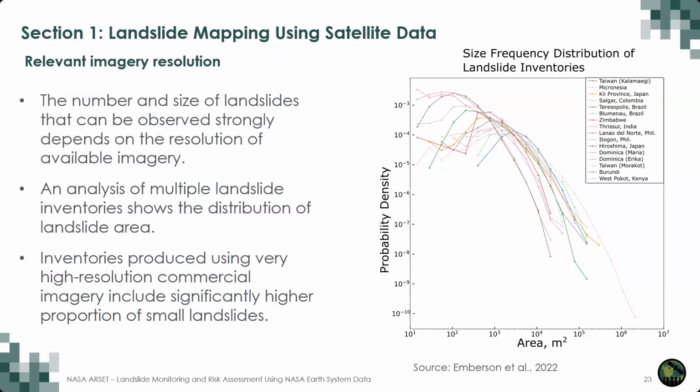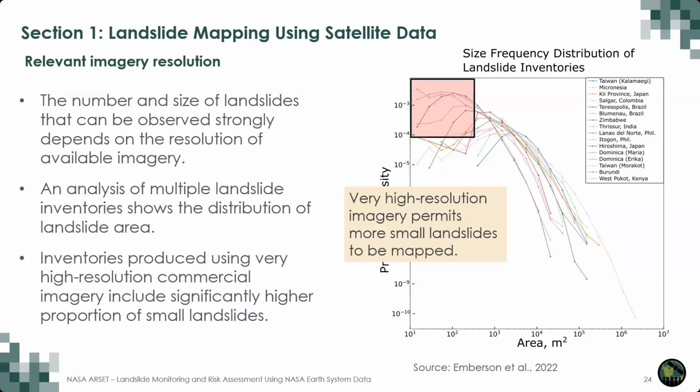These different image types have a different set of resolution. What you're seeing on the x-axis is the area of landslides, and on the y-axis is the probability density of the overall population. Essentially, as you go higher up on that y-axis, that size of landslide is more common in the overall inventory.